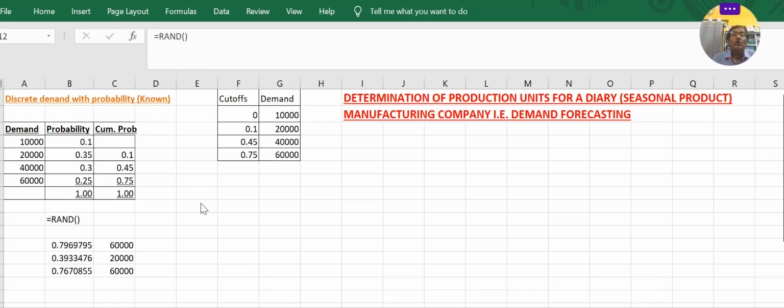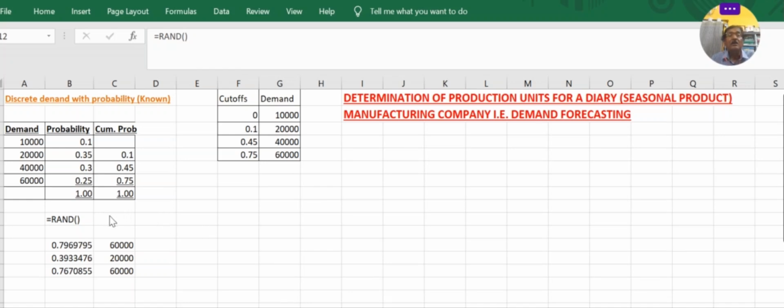We will use the Monte Carlo simulation technique to solve this problem. For getting the demand at random, we have to use a random number. In an Excel sheet, a random number is easily available.